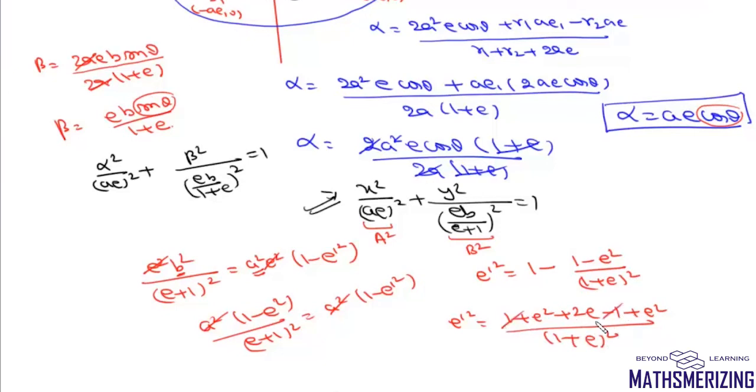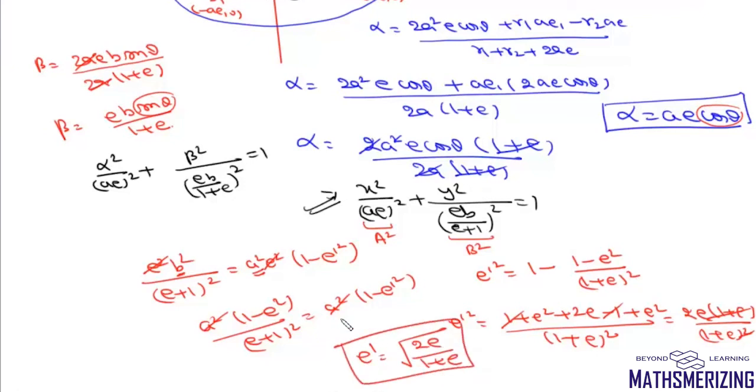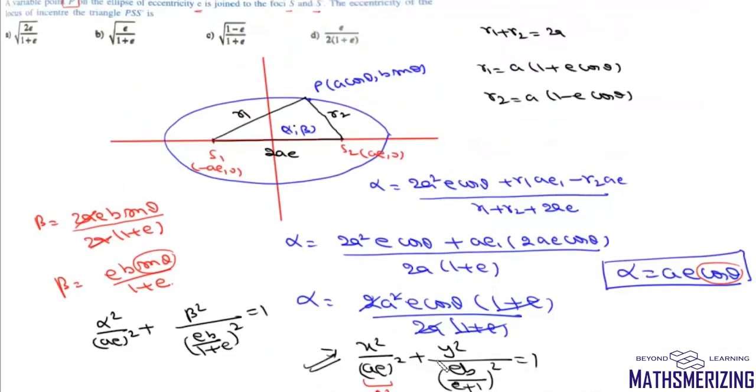Then we can take 2E common. So it will be 2E(1 plus E) upon 1 plus E square. So 1 plus E will cancel. So we'll get E dash as under root of 2E upon 1 plus E. So the eccentricity of this locus will be under root 2E upon 1 plus E. And that's your option number 1.